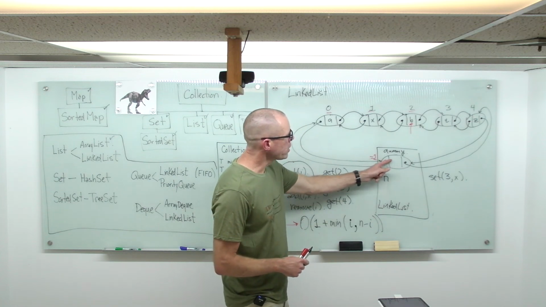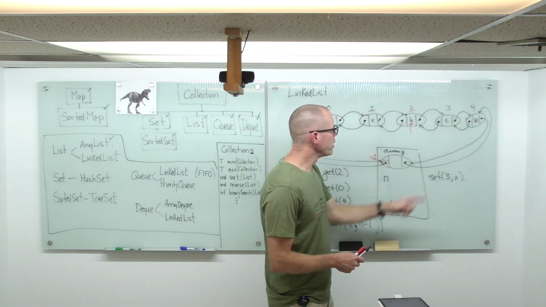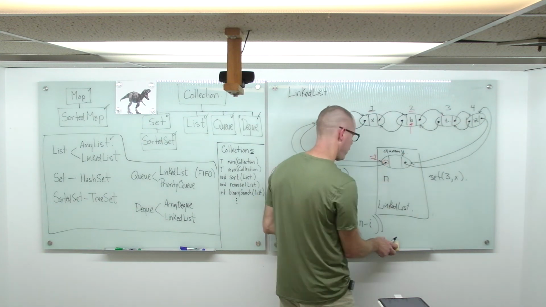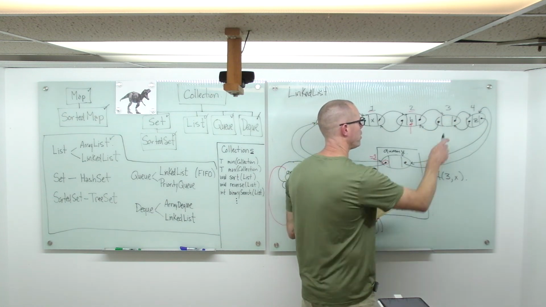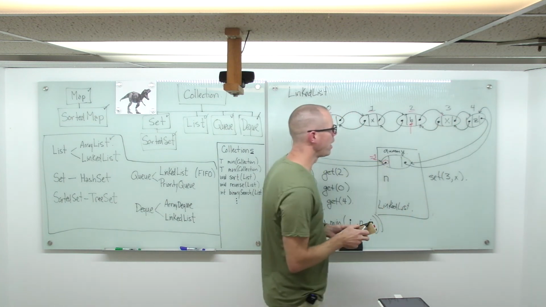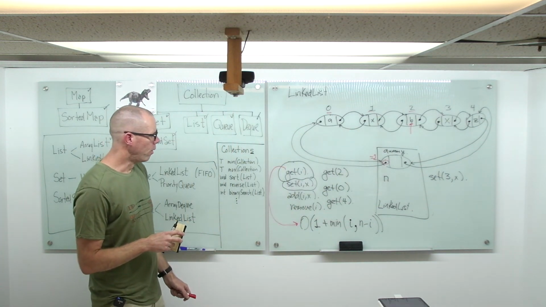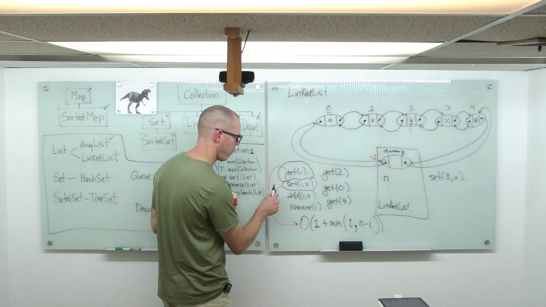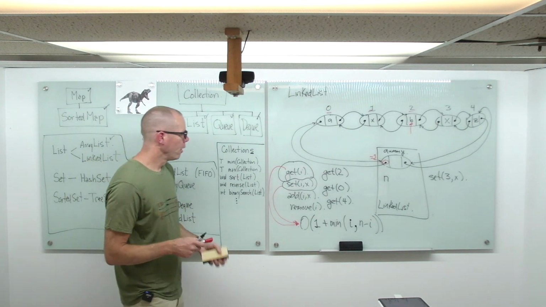In this case, it's faster to go this way, which is what the algorithm will do. And once I get to that node, I save the value of whatever happens to be there already so I can return it. Then I change the value that's stored there and I return the old value. Okay. So it's also going to have exactly the same running time.